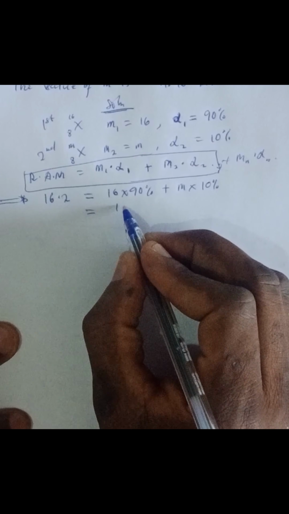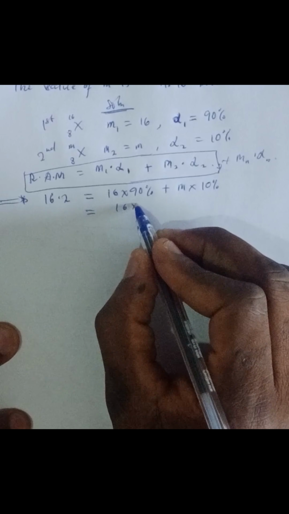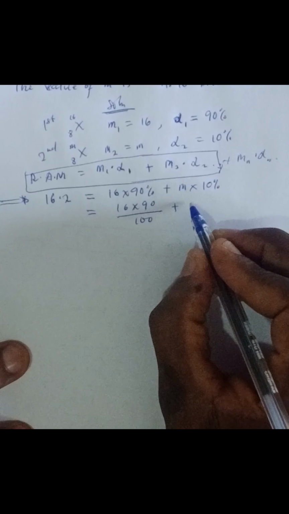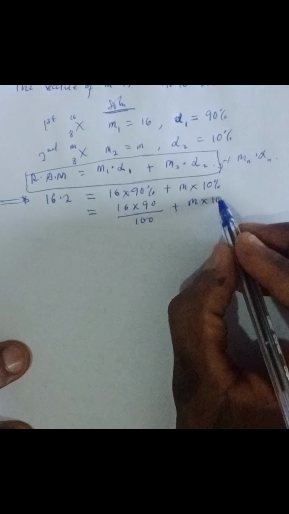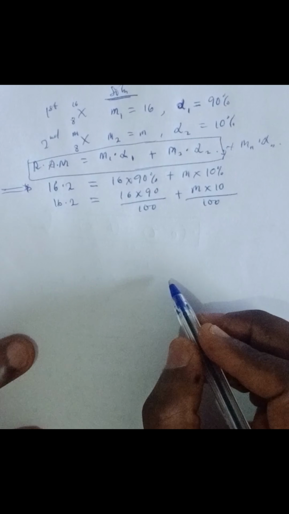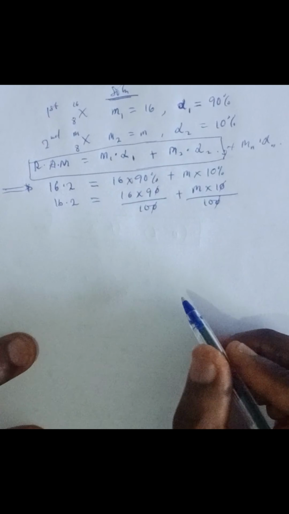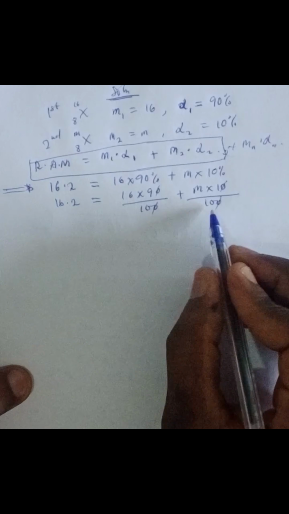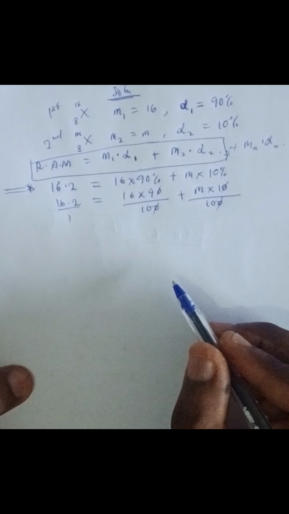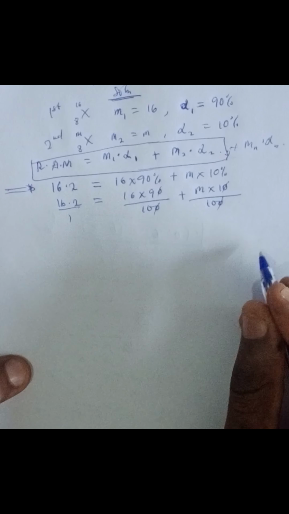This is the same thing as 16 multiplied by 90 over 100 plus m multiplied by 10 over 100, equals 16.2. So we can reduce this, 10 cancels 10 here. On both sides we have 10 as our denominator, while here we have 1 as our denominator.